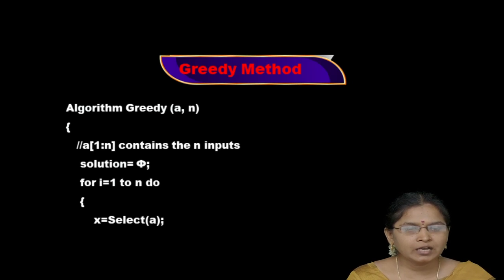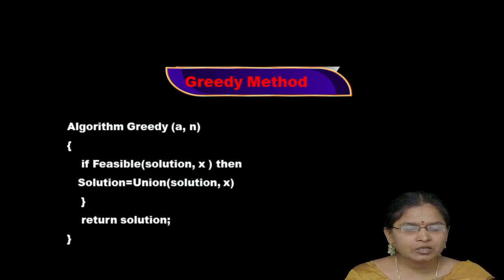This is an algorithm for the general greedy method. The input to this greedy method is an array of n elements, and the output variable is the solution variable. Initialize that solution variable to empty. Next, start the for loop for i equal to 1 to n. Next, we have to select an element from A and store it into the variable x.